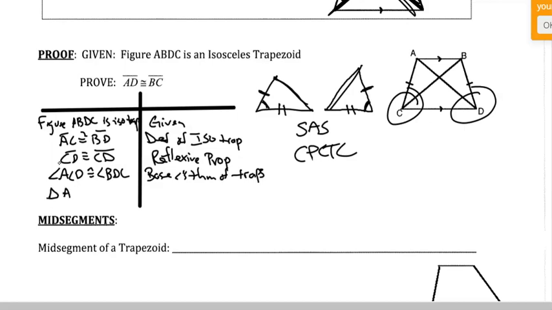Triangle ACD is congruent to triangle BDC. That was because of SAS. And then we could say that AD was congruent to BC by CPCTC.